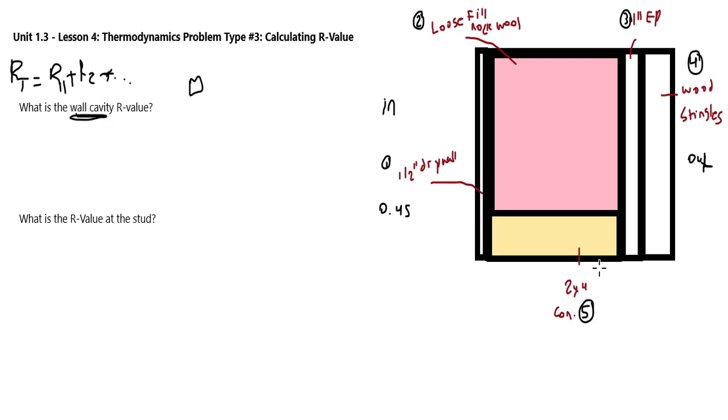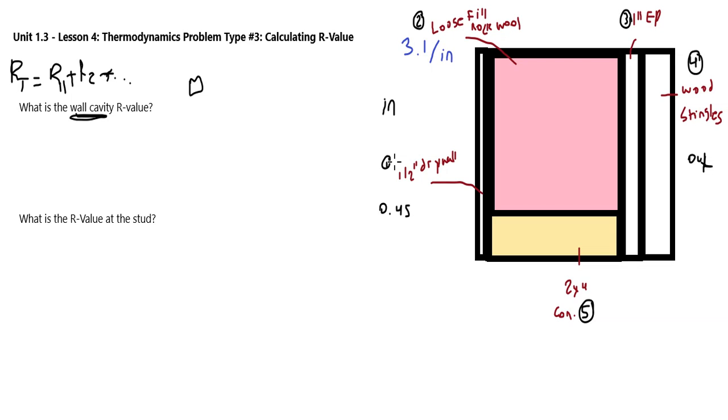And for the loose fill rock wool, it is 3.1 per inch. We'll talk about what that means.